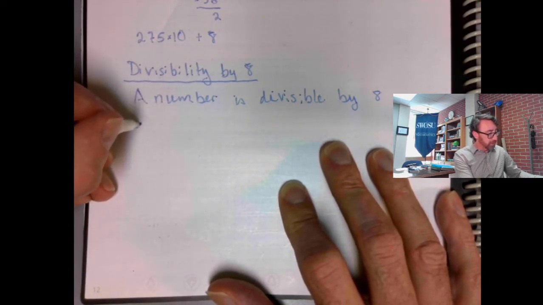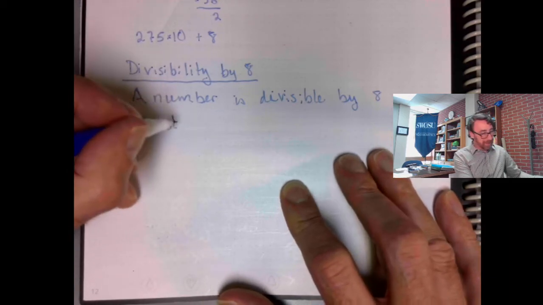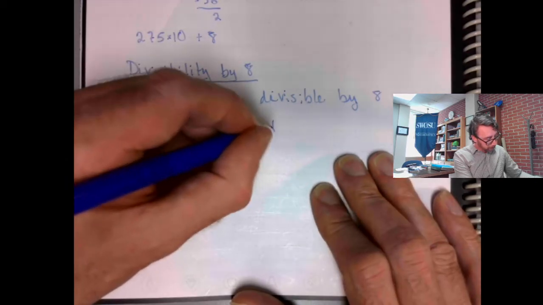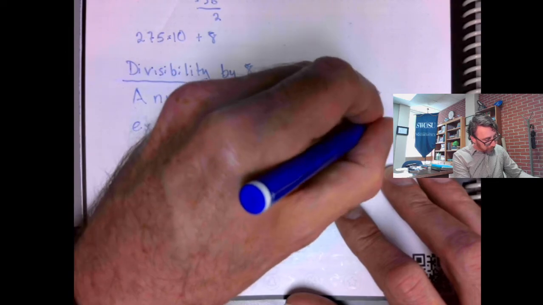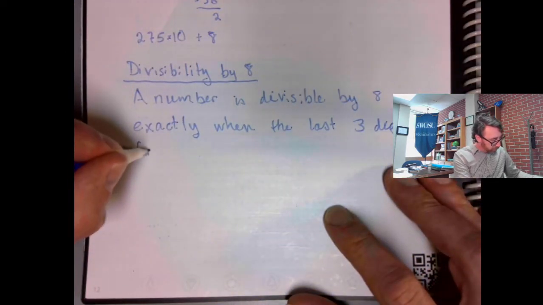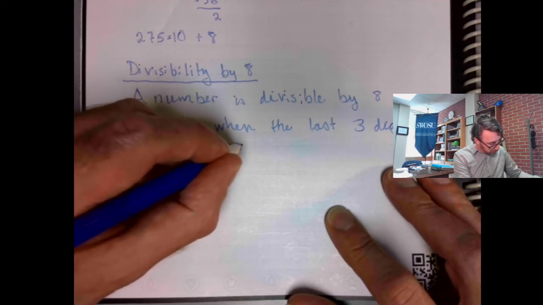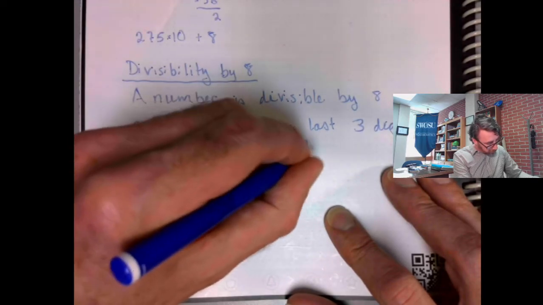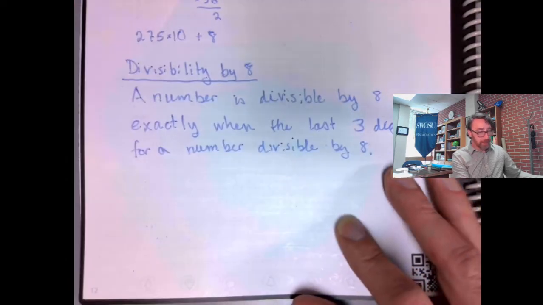And I'll be consistent with my wording from before. A number is divisible by 8 exactly when the last 3 digits form a number divisible by 8.